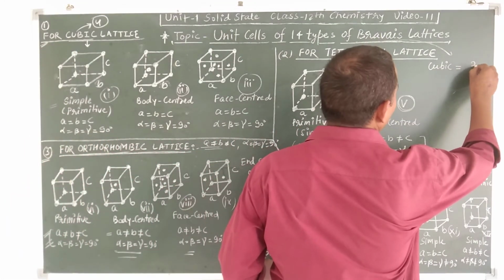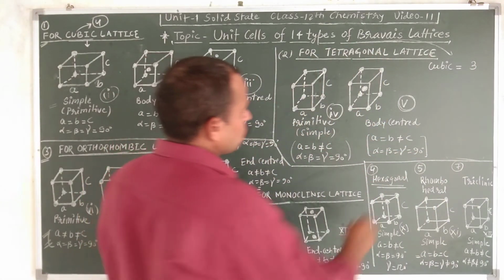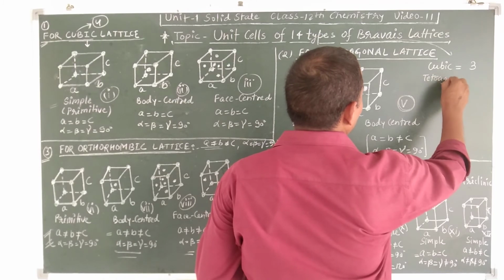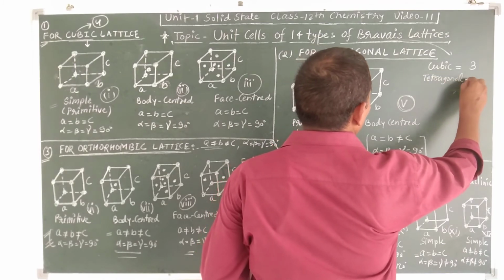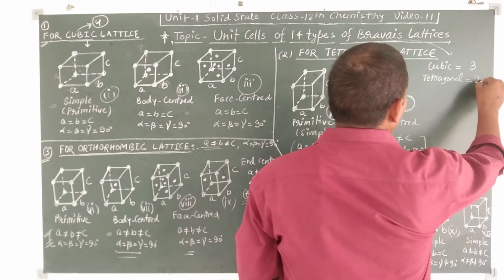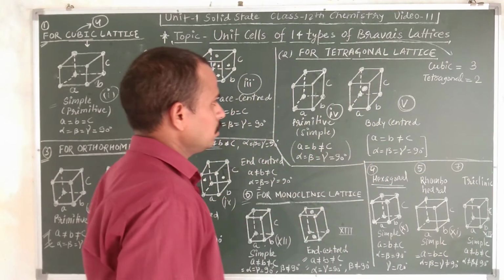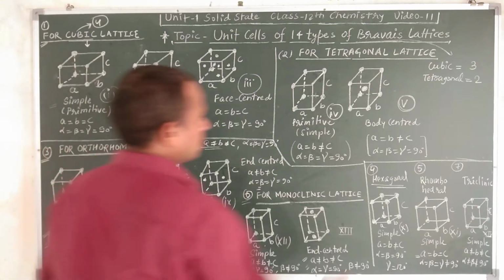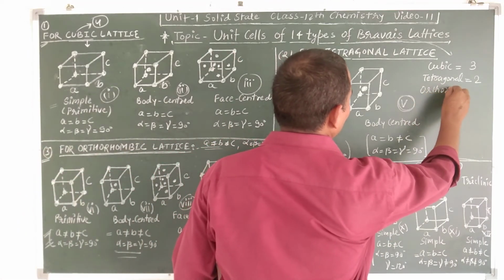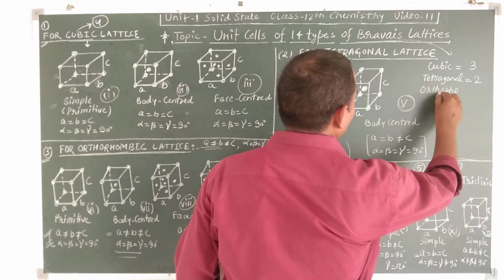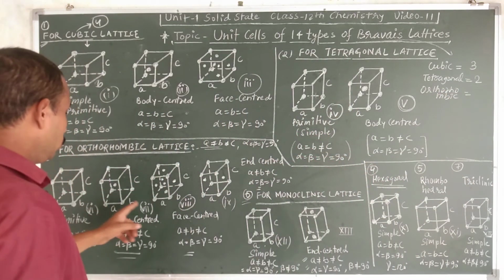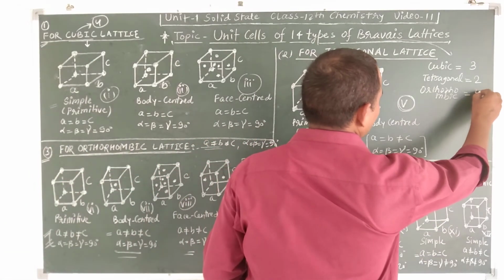Tetragonal has 2 variations, primitive and body-centered. Orthorhombic has 4 variations.